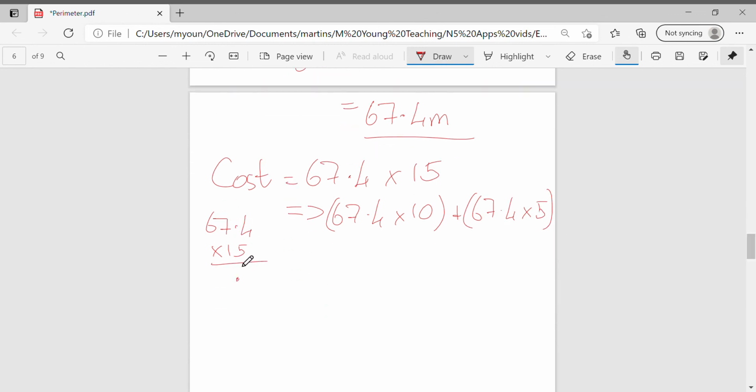Line up the decimal point. 5 times 4 is going to be 20. 5 times 7 is 35, plus the 2 is 37. 5 times 6 is 30, so 33. And now I'm going to be timesing it by 10. Hopefully you can see that pretty straightforward. Times that by 10, it's going to be 674 is what we're going to have.